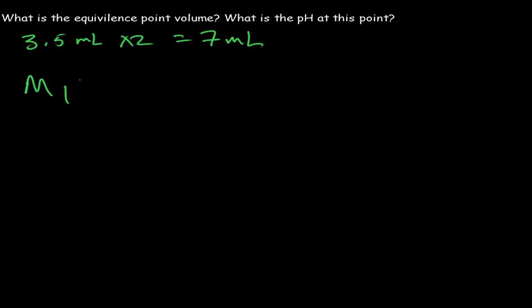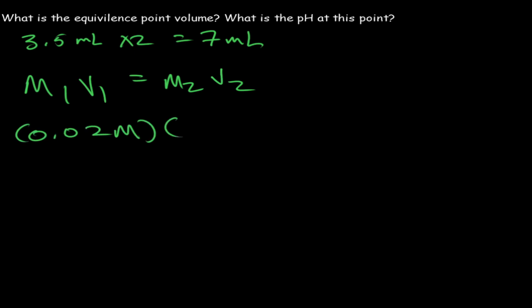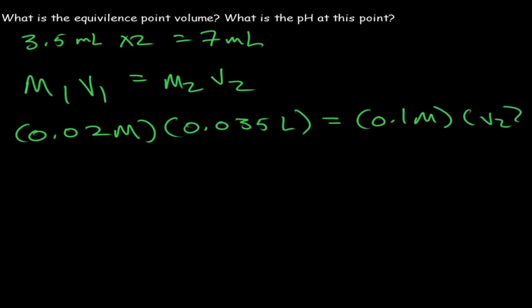Another way of calculating that is M1V1 is equal to M2V2, where M1 is the concentration of acetic acid, V1 is the volume of acetic acid in the flask, and M2 is the concentration of our sodium hydroxide, and V2 is the equivalence point volume. So if we fill in the values, 0.02 molar for acetic acid, and we have 0.035 liters of acetic acid, and that's going to be equal to 0.1 molar of sodium hydroxide, and V2 is unknown.